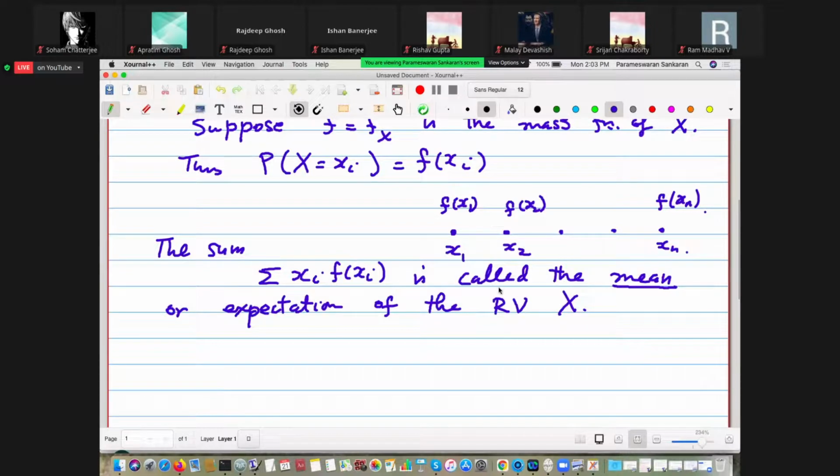So the simplest situation is when there are n points x1, x2, xn, and each f of xi is equal to 1 by n. That is, each one of these events X equal to xi is equally likely to occur, with probability 1 by n. And then what will be this sum in that case?